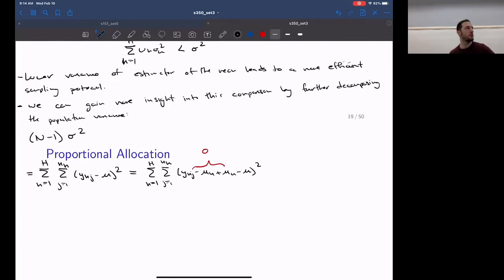Okay, now we can complete the square, or we can expand the quadratic rather.